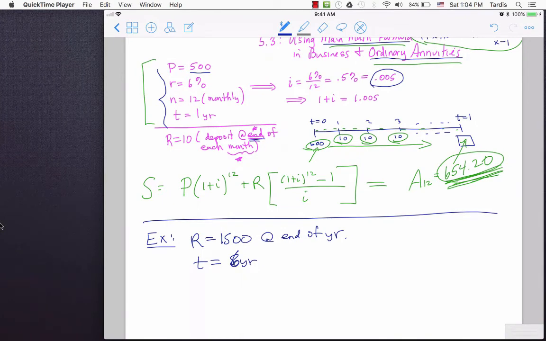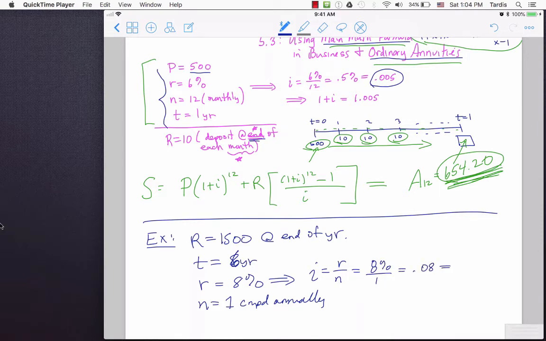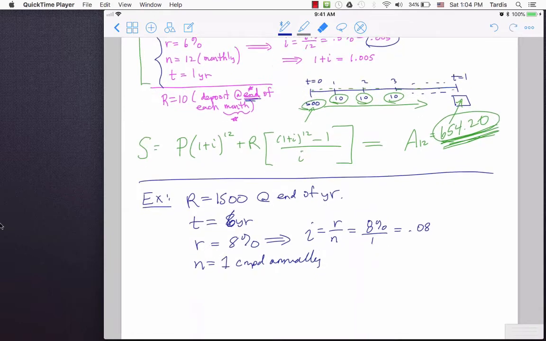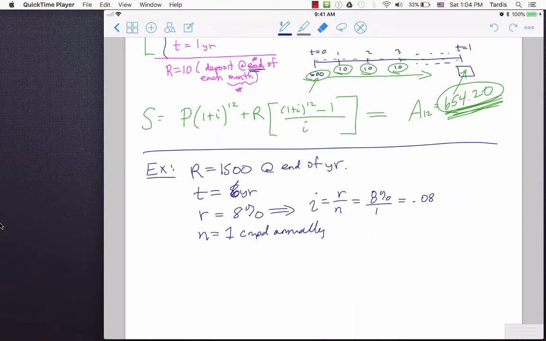The interest rate r is equal to 8%, and n is equal to 1 because we're compounding annually. This means that i, the interest rate per period, is r divided by n, which is 8% divided by 1, so you get 0.08. So r and i are the same when you're compounding annually.